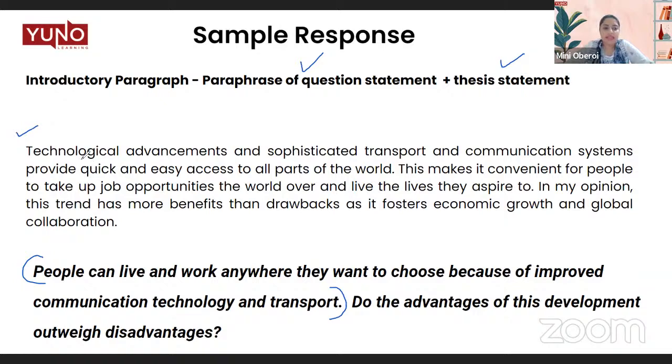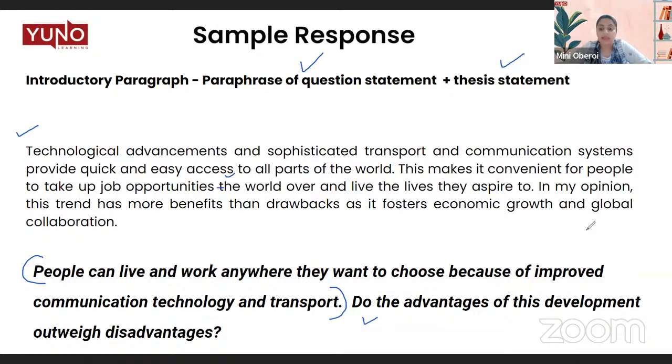So technological advancement and sophisticated transport and communication systems provide quick and easy access to all parts of the world. This makes it convenient for people to take up job opportunities the world over and live the lives they aspire to. Now, they have asked me the instruction, do the advantages of this development outweigh the disadvantage?